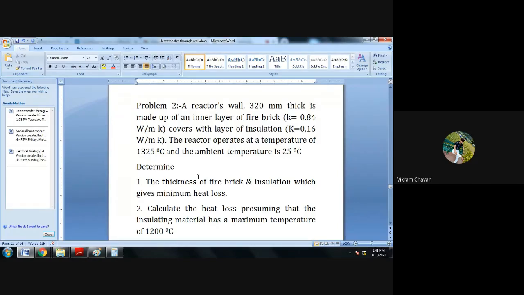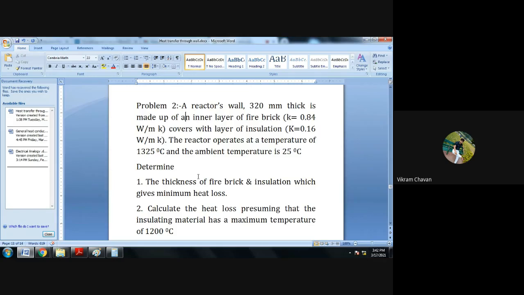The reactor operates at a temperature of 1325 degrees Celsius, and the ambient temperature.